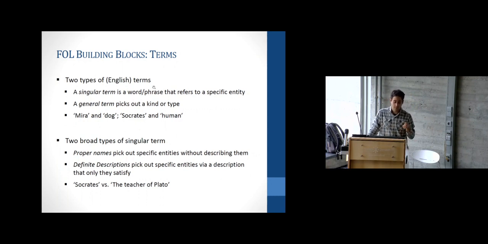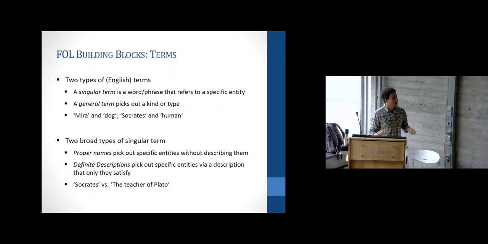So Mira is a name for a dog. It specifies a particular dog, but the word dog is just a general term. It doesn't specify a particular dog. Same with Socrates, which captures a particular thing in the world, one person, and human or being human, which captures a type of thing.